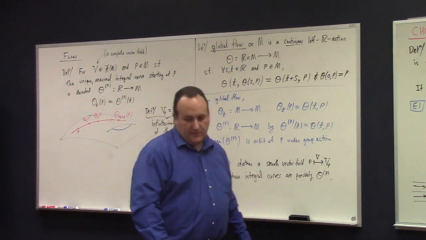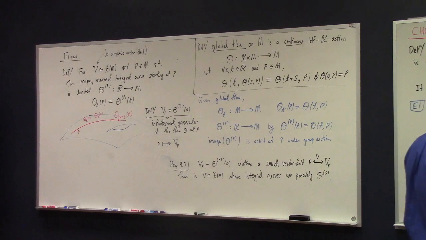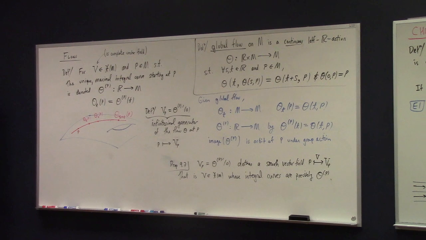All right, so if we go back over here to example 1 and example 2, we can see them in a different light. We can go back to example 1 and example 2 and give a flow on R2.